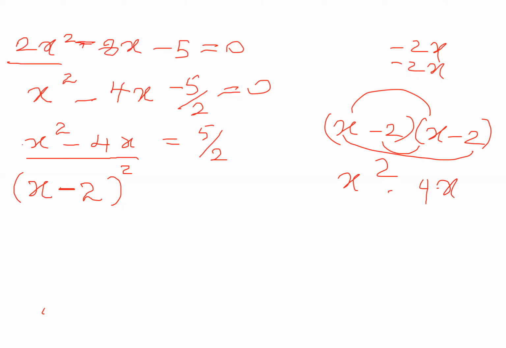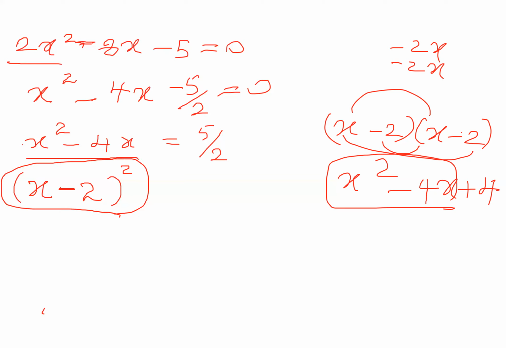In addition, minus times minus gives plus 4 here. You can see the first two terms we already have, but when we write the squared bracket, there is an additional 4 here.